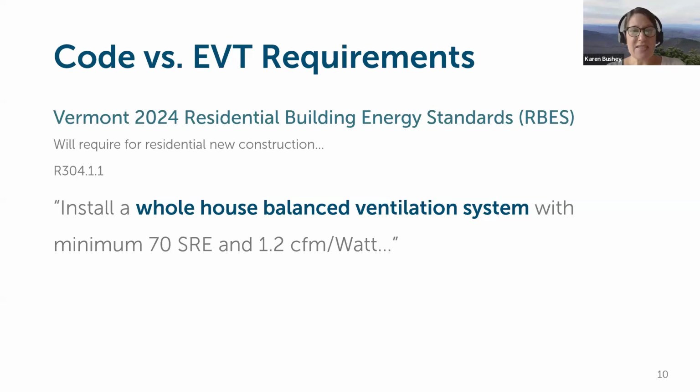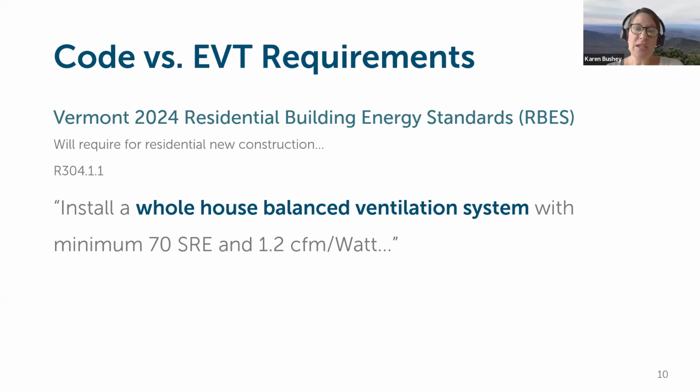So again, this is a very, very quick recap of what we talked about in part one. With the new code update that goes into effect on July 1st, there is a requirement for all new residential construction to include a whole house balanced ventilation system.